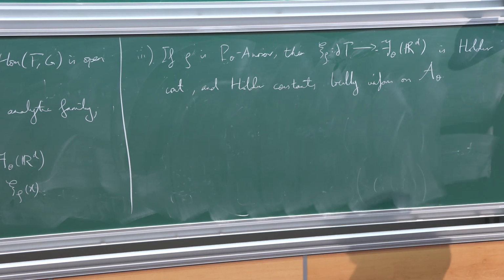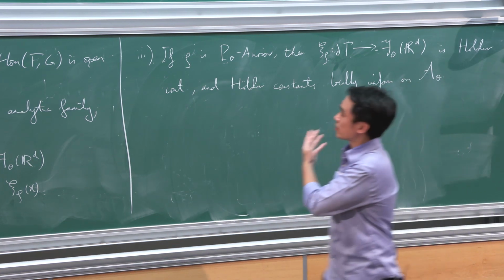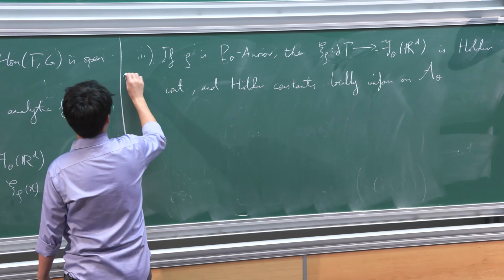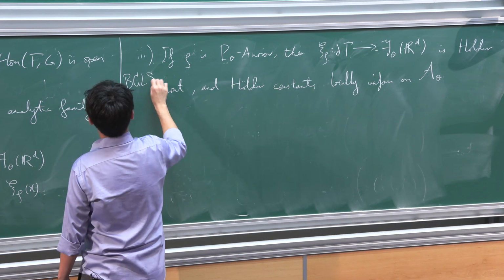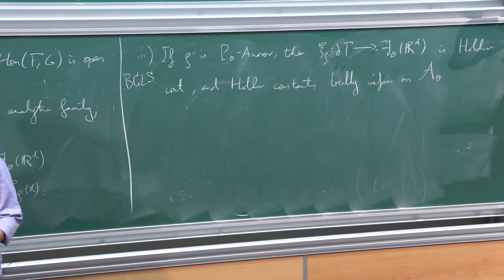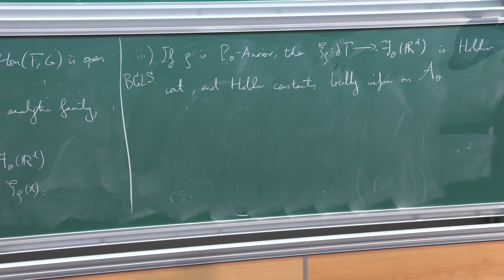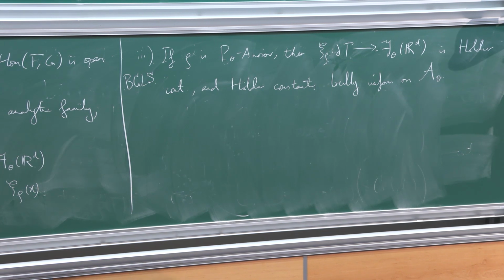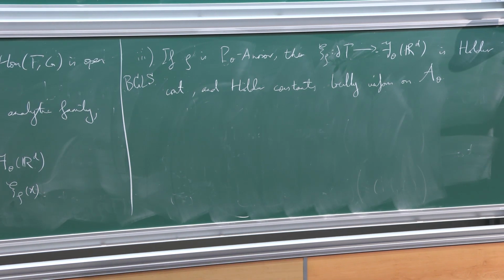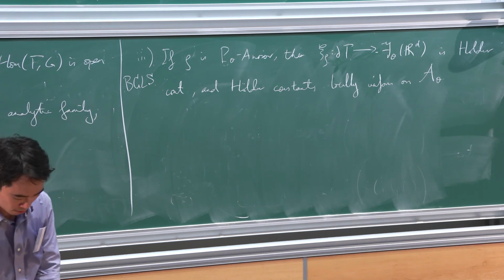These things play an important role in BCLS's construction of pressure metrics on the space of Anosov representations. I think the easiest way to get this kind of result is to use the flow definition of Labourie and work from there.